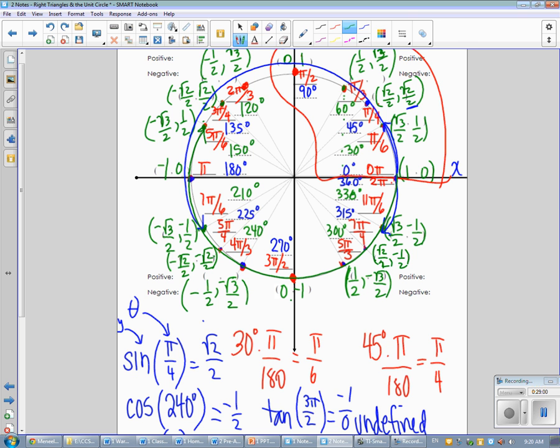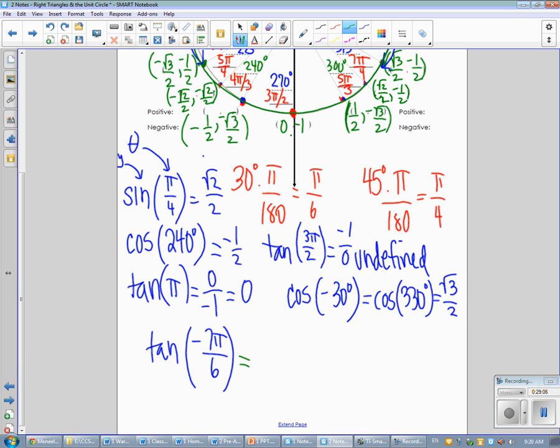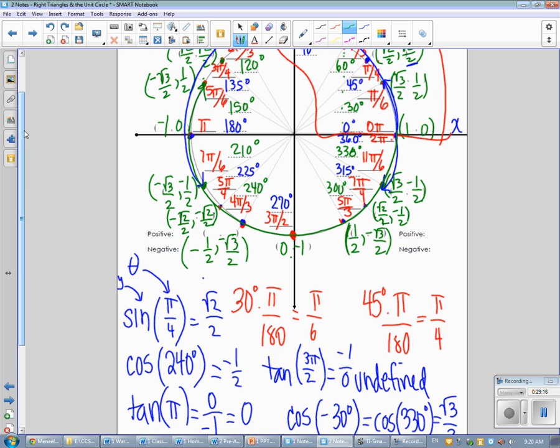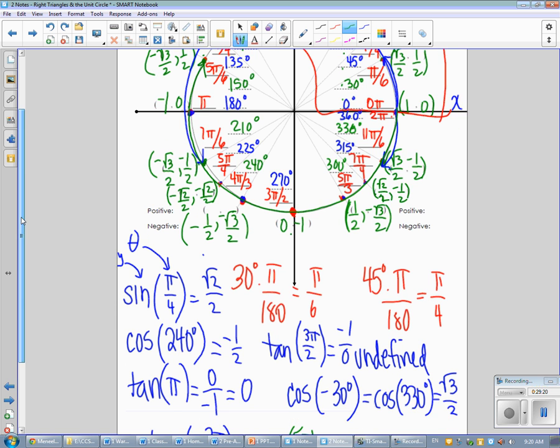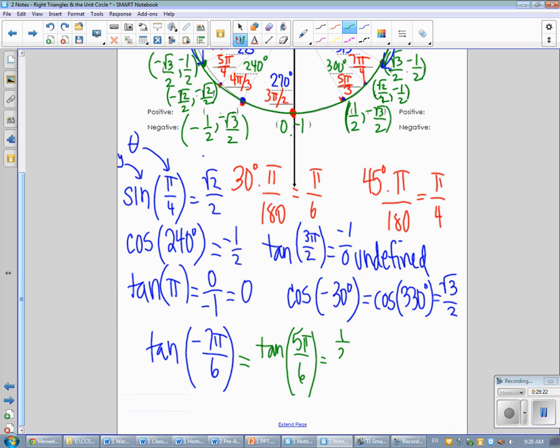So a -7 pi over 6 is going to be equivalent to a 5 pi over 6. And since I'm looking for the tangent, that means I need to do my y value over my x value. And for 5 pi over 6, the y value is 1/2, and the x value is a negative square root of 3 over 2.